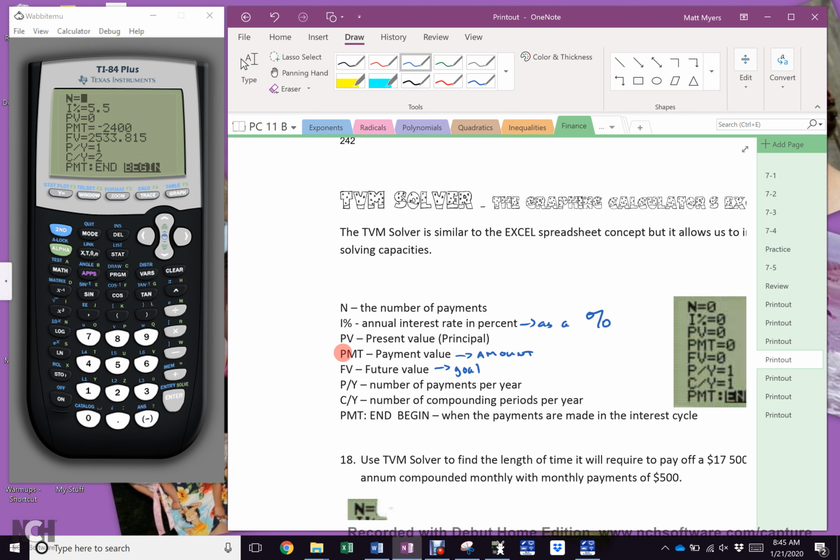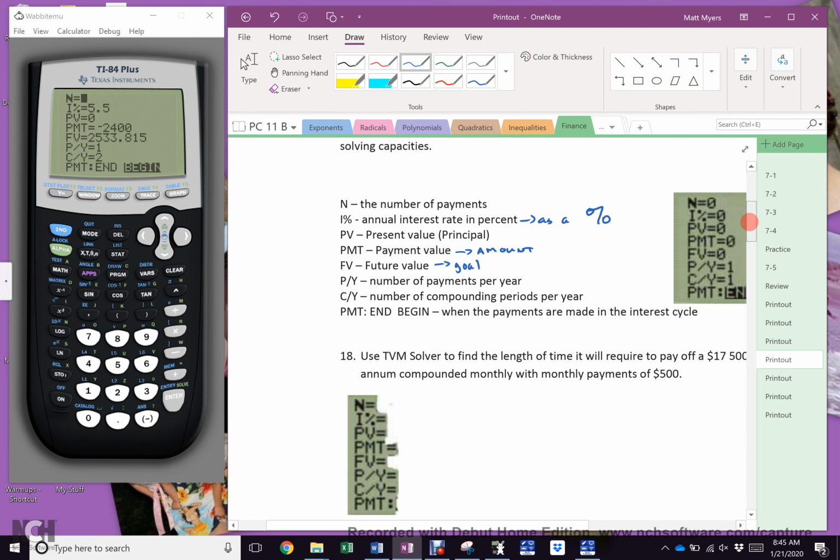So it is a negative payment, even though it's going into the bank. Everybody understand? If the money is coming into my pocket, then it's a positive. Everybody cool? It doesn't really matter. The machine does the work for you, as long as you understand it.